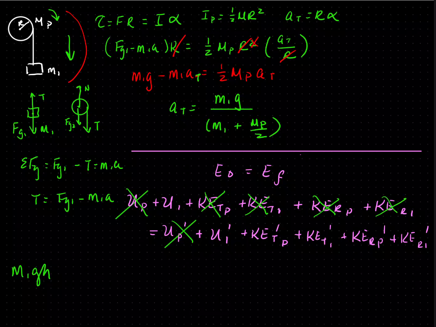At the end, block 1 will have no potential energy because it has fallen through the entire height. The pulley will have no translational kinetic energy because it is not moving in the x, y, z direction.